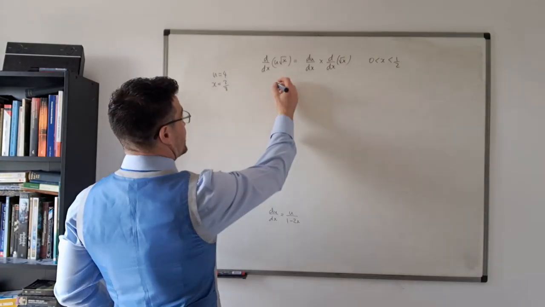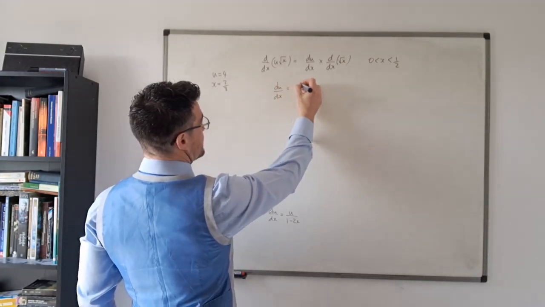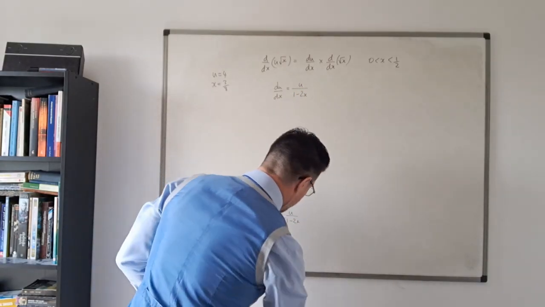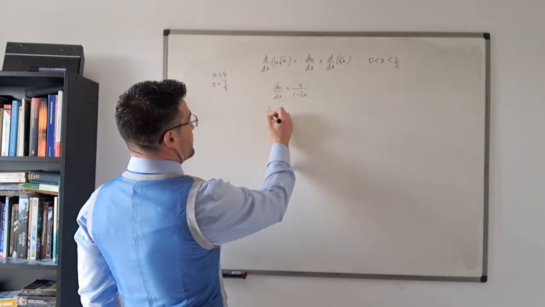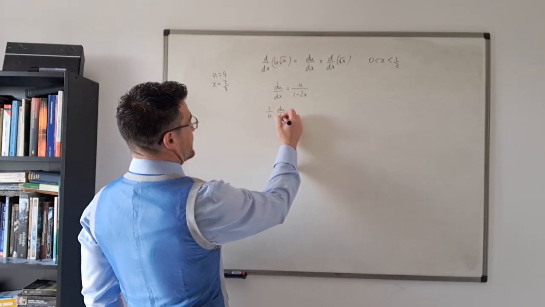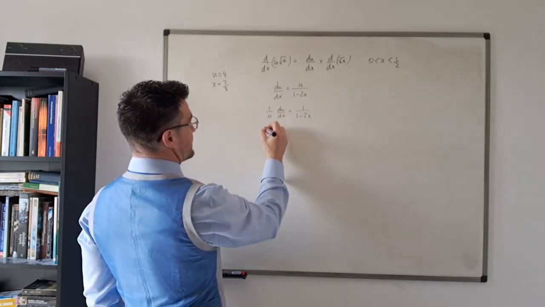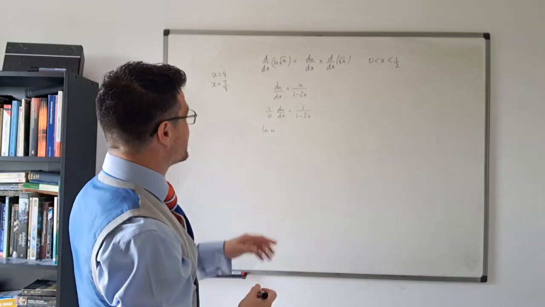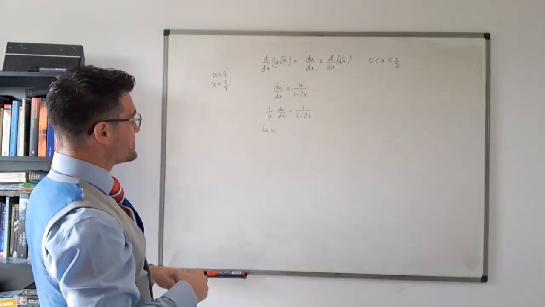So we've got du by dx equals u over 1 minus 2x. So that means that 1 over u du by dx is equal to 1 over 1 minus 2x. So the natural logarithm of u, and I'm not going to worry about moduluses and things like that because it doesn't look like we need to worry about negative values.